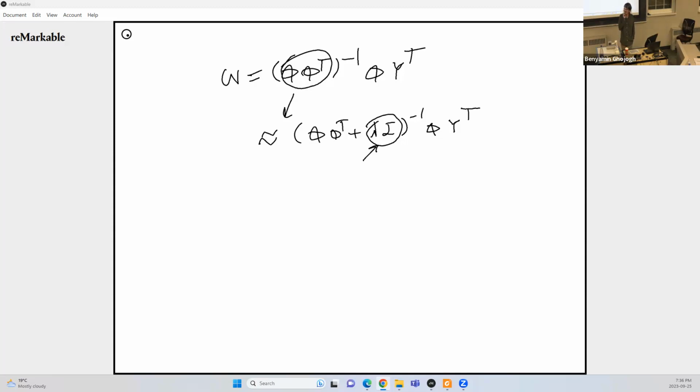But it's a hack, an approximation. It's not exact. When lambda equals 0, it's exact. Therefore, lambda should be as small as possible, not too small to become singular, but not too big to become inaccurate. So there is a trade-off between accuracy and being full rank. That's also another technique.